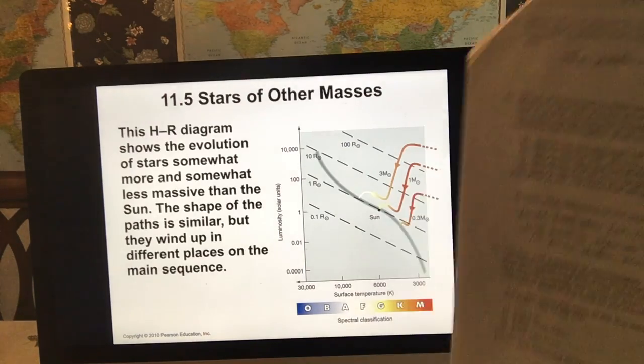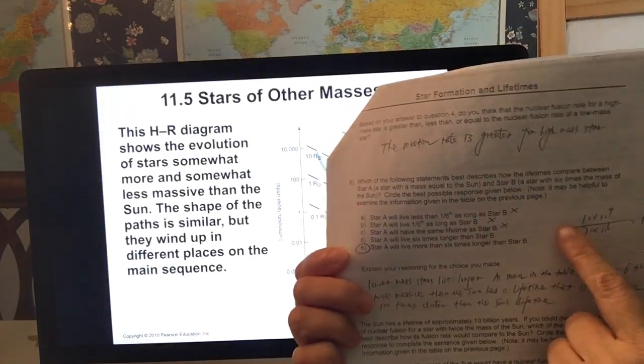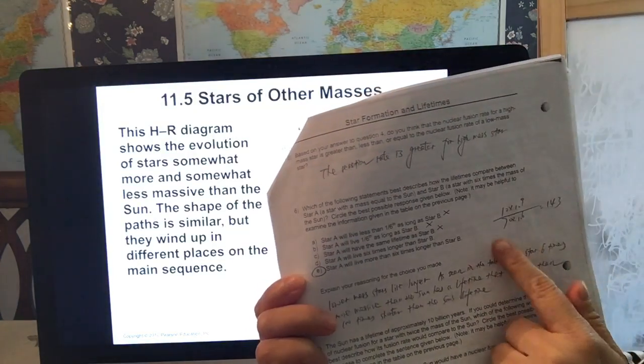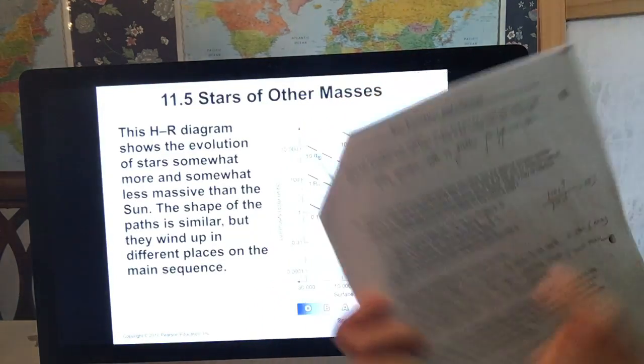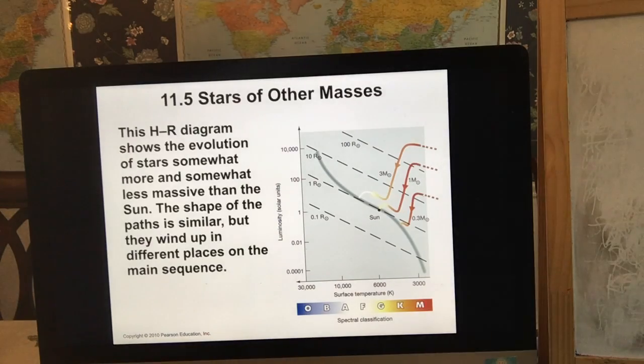So if we do 10 times 10 to the 9th divided by 70 times 10 to the 6th, that gives you 143. So that leads to the correct answer being E: star A will live more than 6 times longer than star B.